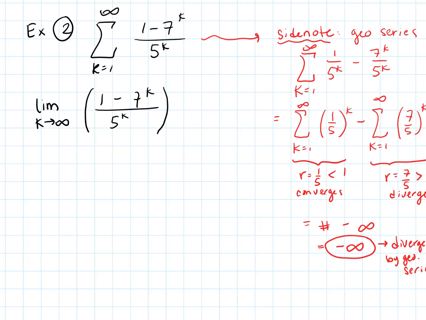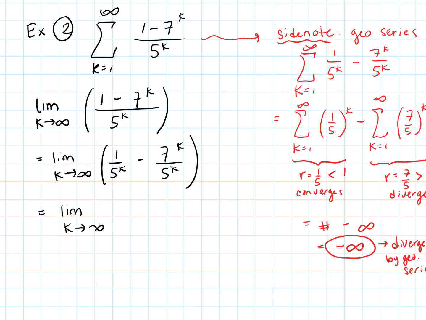7 to the k over 5 to the k, I could, once again, distribute that denominator and write this as 1 over 5 to the k minus 7 to the k over 5 to the k, which would be the limit as k approaches infinity of (1/5) to the kth power minus (7/5) to the kth power, where as k approaches infinity, anytime we take a ratio to a power that's growing without bound, when that ratio is less than 1, this will approach 0.